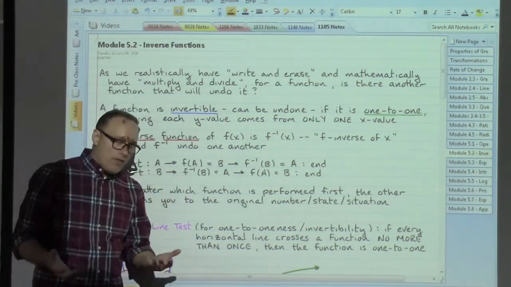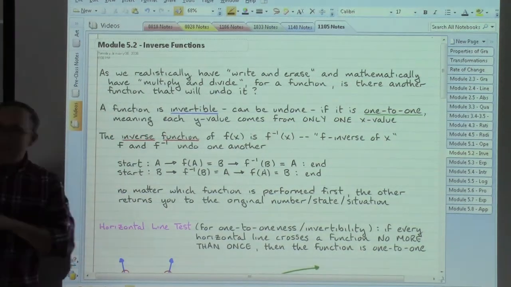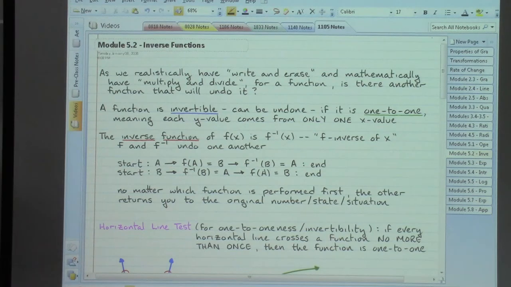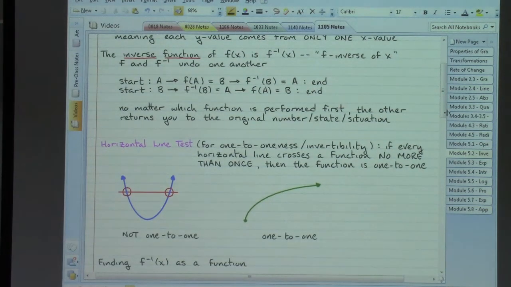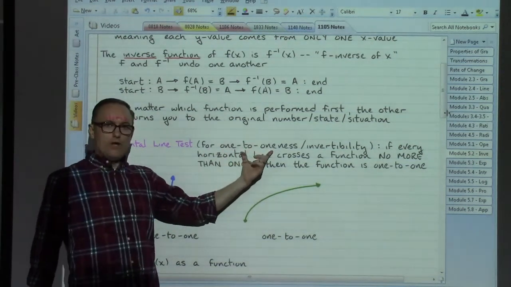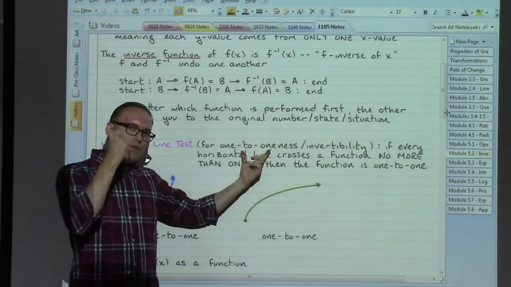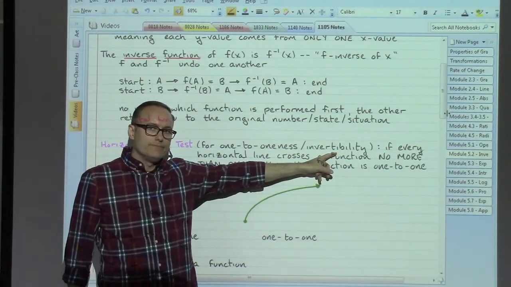Because of all of this, here's what's got to be going on. Instead of a vertical line test, which already got us to having functions, this extra condition about being one-to-one means that we have what we would call a horizontal line test. This is going to tell us whether we've got one-to-one, and as soon as we've got one-to-one, that automatically means that there is an inverse function.